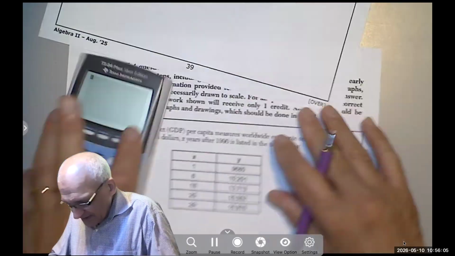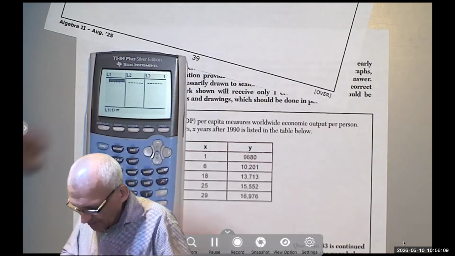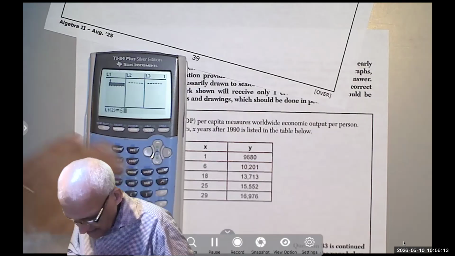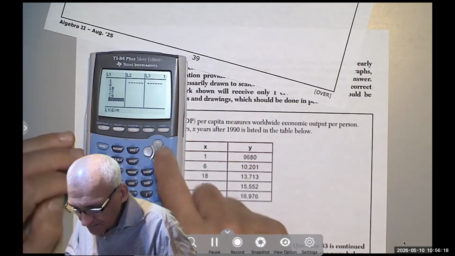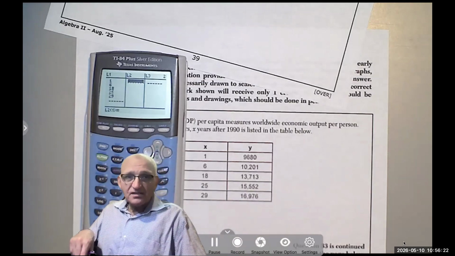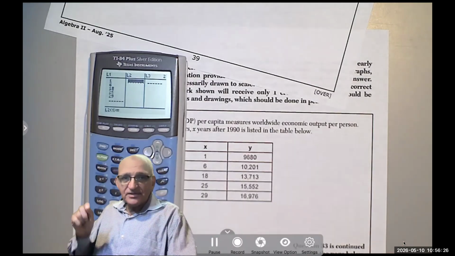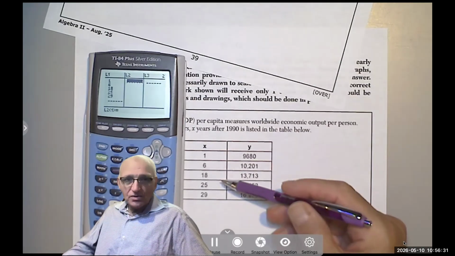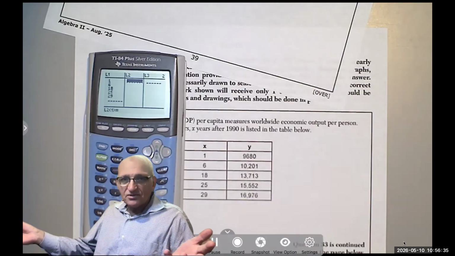So we'll get the calculator and go to stat, edit, and then we fill the x's in the first column: 1, 6, 18, 25, 29. Make sure that you enter the numbers correctly, because if you are working fast, you might mis-enter the 25 and your answer would be wrong just because you were rushing.